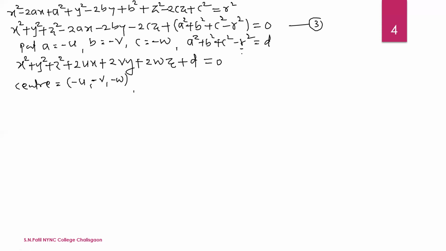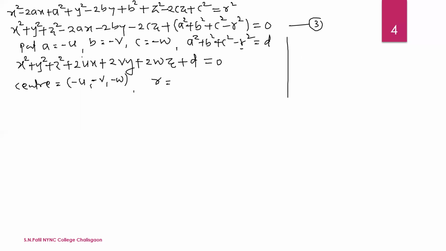So find r. Putting r square on the right hand side and d on the left, r is equal to plus or minus the square root of a square plus b square plus c square minus d.